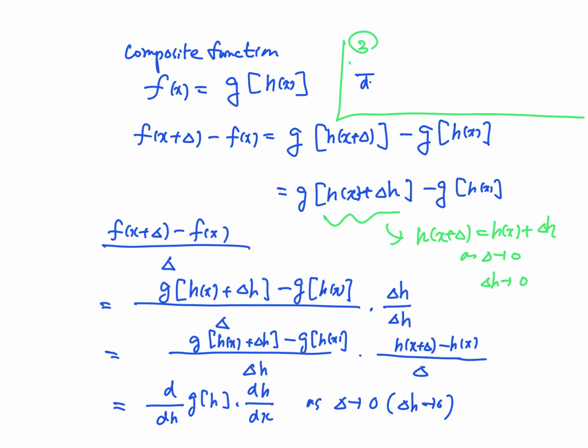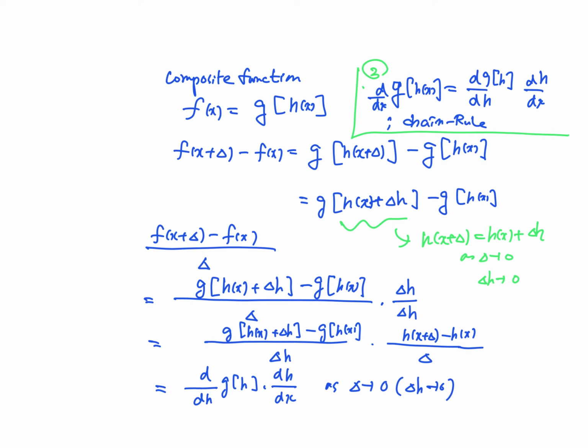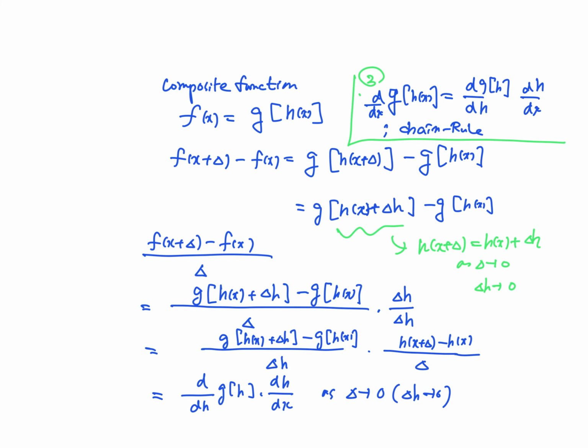So d/dx of g(h(x)): you first take the derivative of g with respect to h, treating h as an independent variable, and then dh/dx. This has a name, the chain rule. This property is probably the most important derivative rule that you are going to need for this semester.